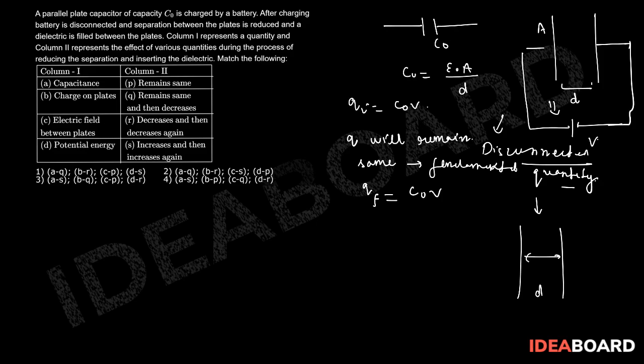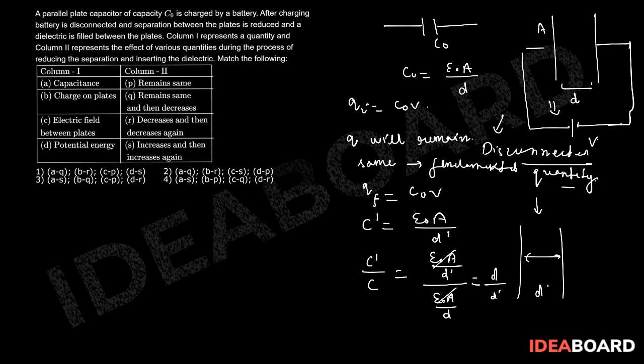So let's say the separation became D dash. So we can write that C dash will be epsilon naught A by D dash, and from this I can say that C dash upon C will be equal to epsilon naught A by D dash upon epsilon naught A by D. This will cancel out, giving D upon D dash.